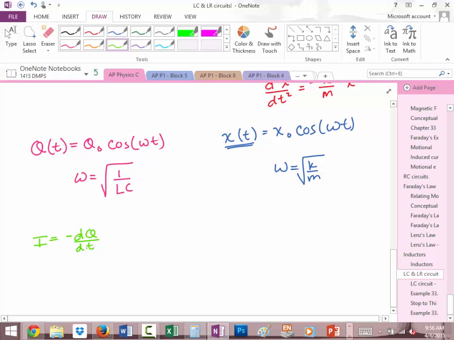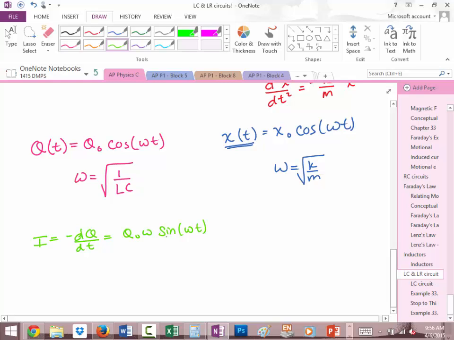So that's going to be the derivative of this, right? That's all it was, the opposite of the derivative. So you can take a derivative. What's that going to be? Let's back up. You have a Q naught, and then what's the derivative of cosine omega t? Omega, and there was a negative there. Those negatives are going to cancel out. So it's going to be Q naught omega times the sine of omega t.